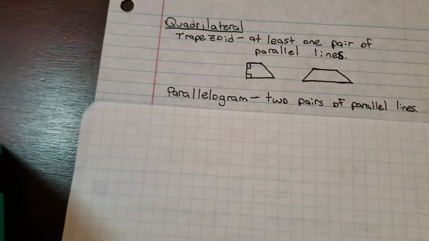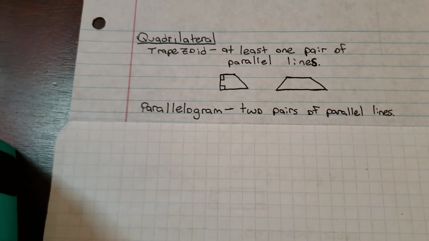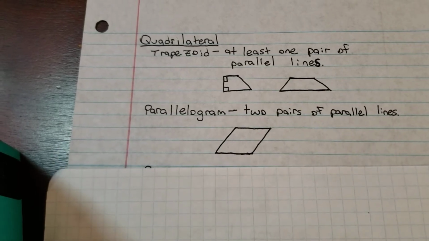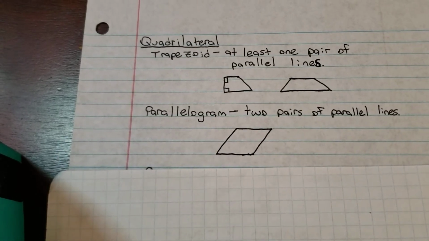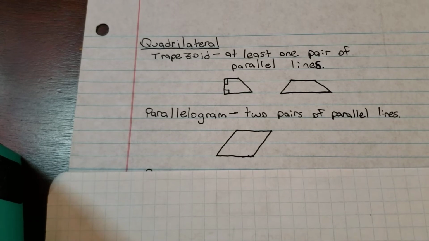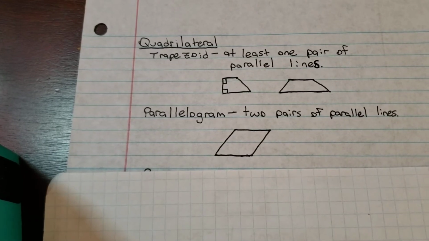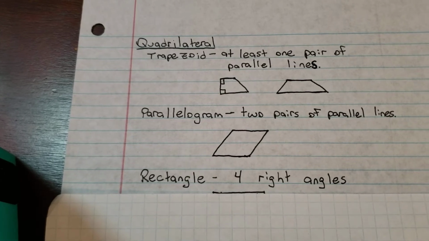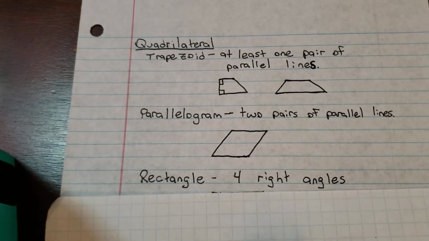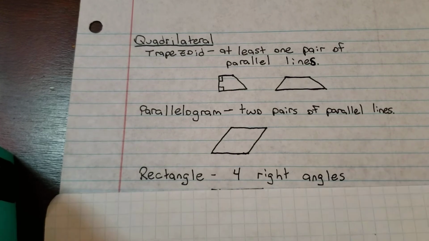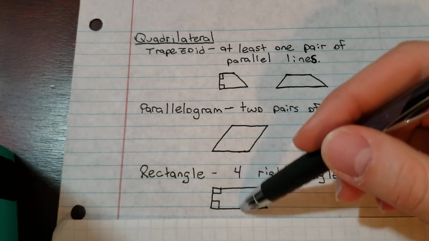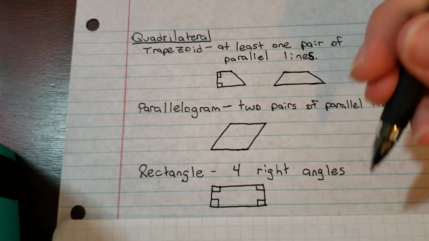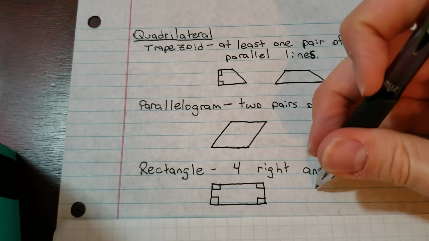Parallelograms have two pairs of parallel lines. Traditionally they look like that. It's kind of a nice diamond shape. Rectangles have four right angles, and they're technically also parallelograms because they also have two pairs of parallel lines.